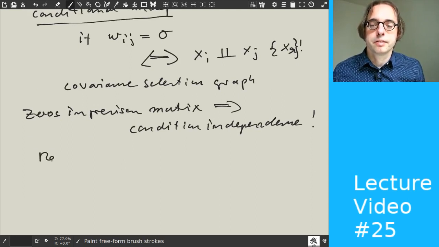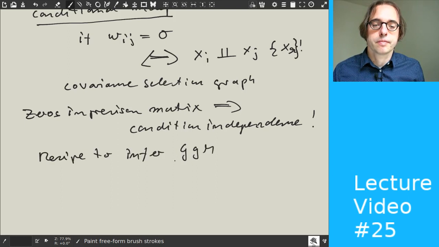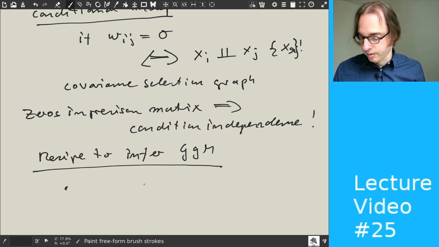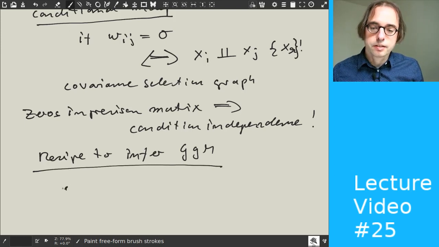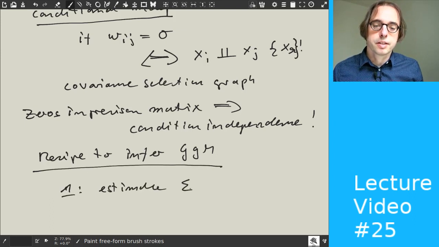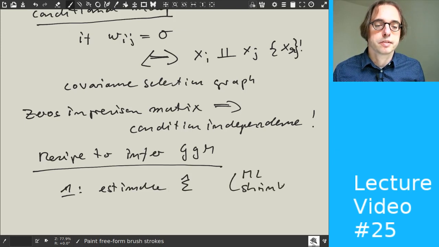So the recipe to infer a GGM is very simple. Step 1, estimate sigma to get sigma hat, and usually you do this for large samples by maximum likelihood, or you use some shrinkage approach.